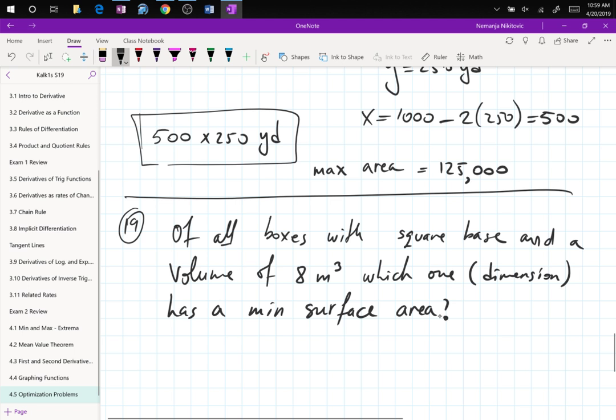So which one of these boxes has the minimum surface area? That's our question.